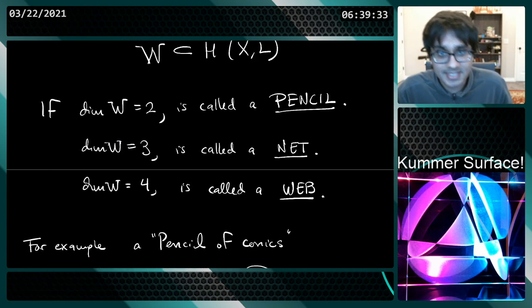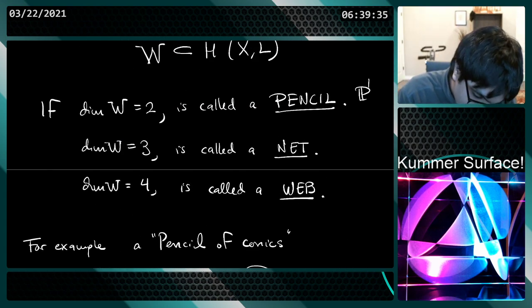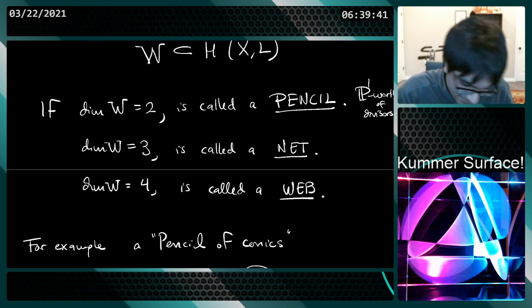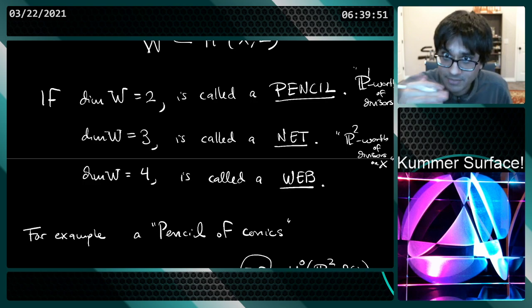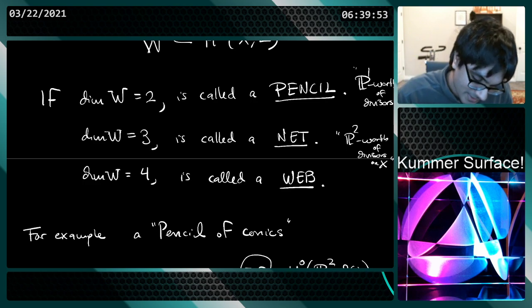Okay? So this is a P1 worth of divisors, but it's a linear P1. And this is a P2 worth of divisors on X by taking vanishing schemes. And this is a P3 worth.